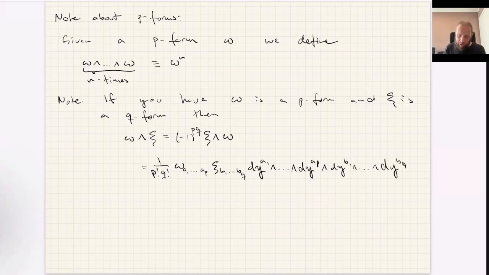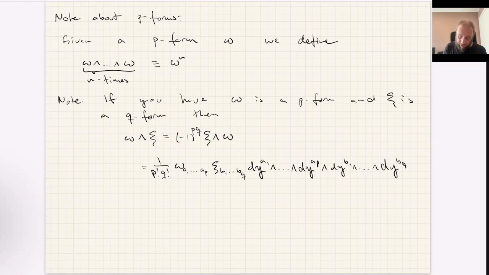So in order to change the order here between them, I essentially need to get all of the dy b's on the left hand side of all the dy a's. So in order to do that, I first need to commute the first one p times, getting p minus signs, and I have to do this for each and every one of the dy b's, which means that I have to do it p times q times, getting p times q minus 1s, which is exactly that, right?